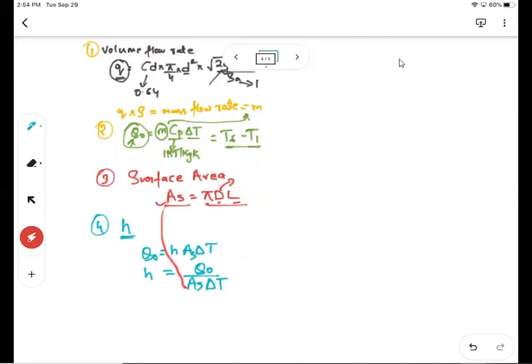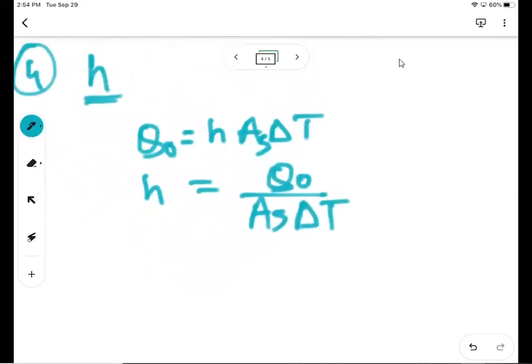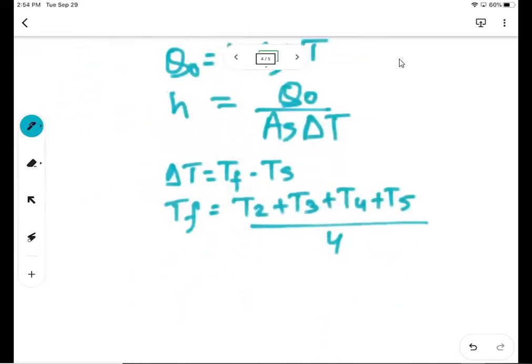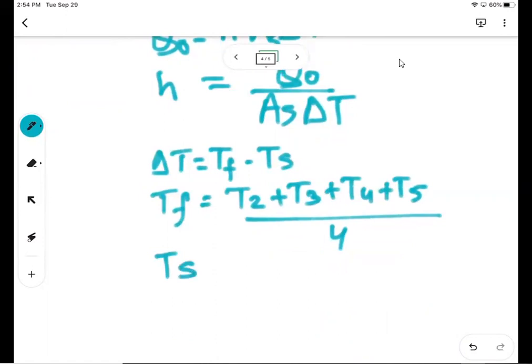As you can directly substitute from here, and delta T I'll write as delta T equal to TF minus TS, where TF is T2 plus T3 plus T4 plus T5 divided by 4, and TS is T1 plus T6 divided by 2.